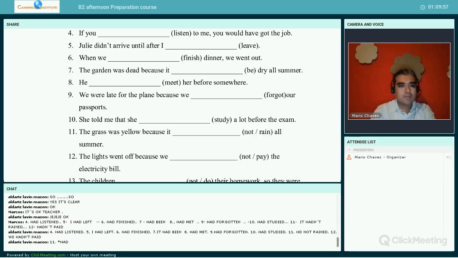Now, the garden was dead because he had been away all summer. She had studied. The grass was yellow because it hadn't rained. Very good. The lights went off because we hadn't paid. Very good.